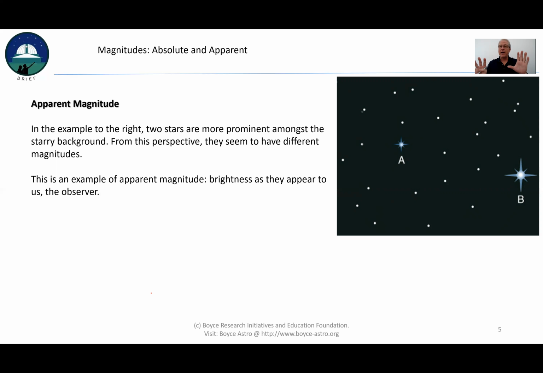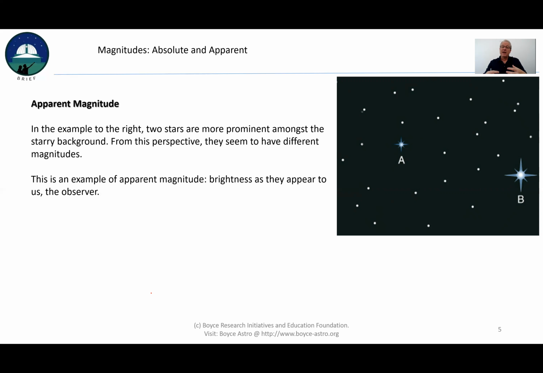It just tells us about what it appears to you. So for example, A could be the most massive star ever created in the universe, but it is so far away, it appears very dim to us. And the B star could be the weakest, faintest little star, but it's right next to us, therefore it appears very bright. So from the apparent brightness, you really can't tell what the ultimate brightness is going to be.